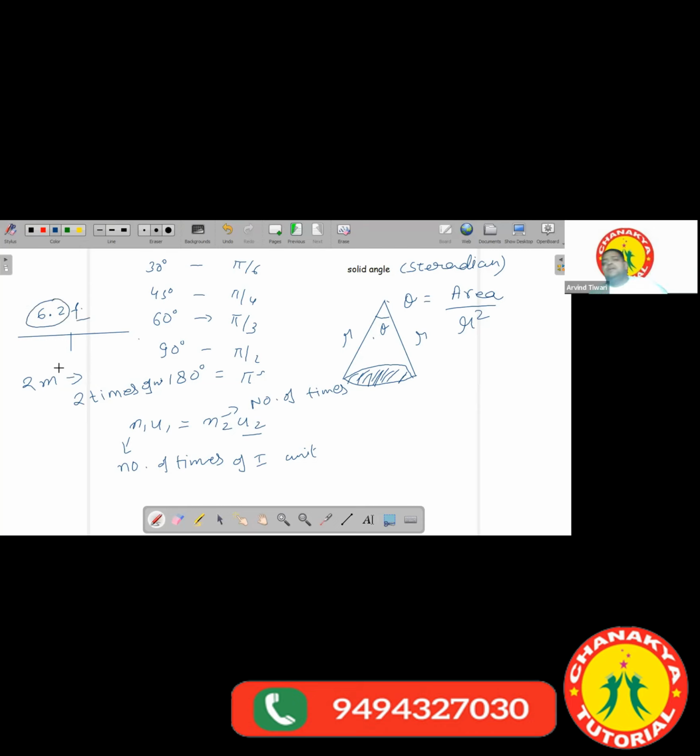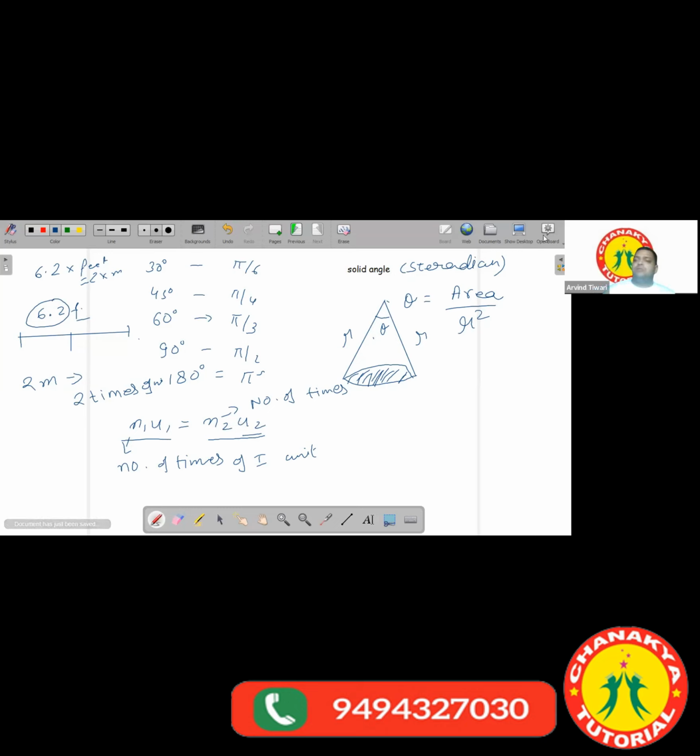Both the quantities are measuring the same physical quantity. So 6.2 times of feet should be equal to 2 times of meter. This is what it actually means when you write N1 U1 is equal to N2 U2. So N1 means the number of times the first unit occurs, N2 means the number of times the second unit occurs, where U1 and U2 are the units.